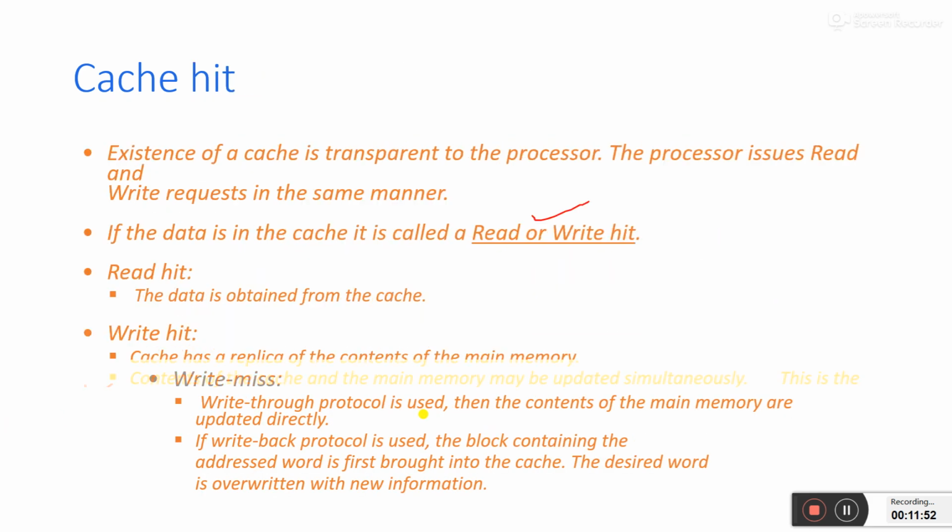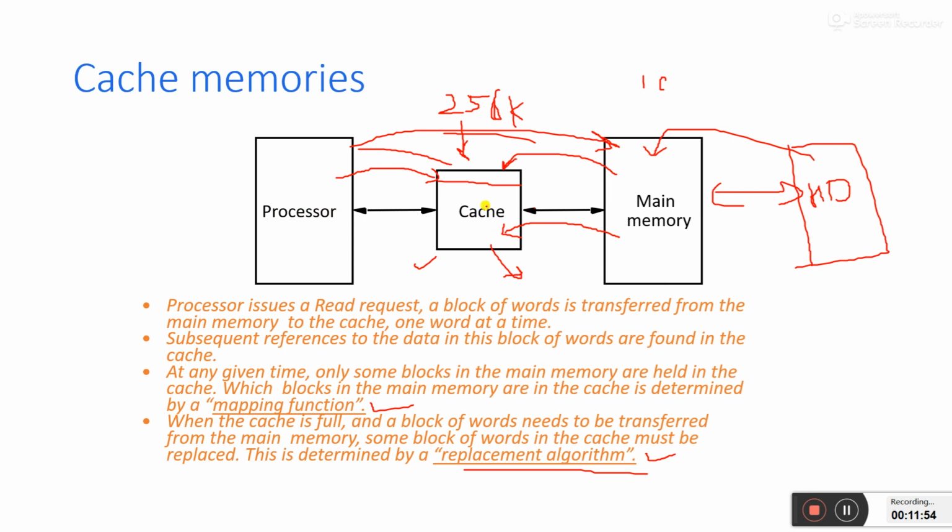So the point is this. Now try to understand what is happening. There is a hard disk drive, there is a main memory, there is a cache. There is already some data in the cache, and then some block of data is needed by the processor which is not even in the main memory. Then it will be asked from the hard disk drive, and the hard disk drive will provide another block of data.